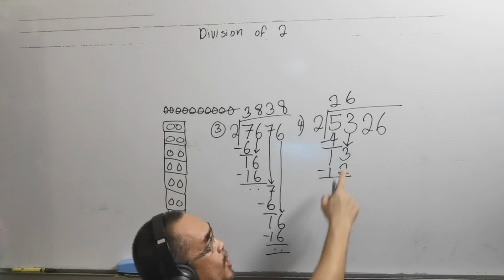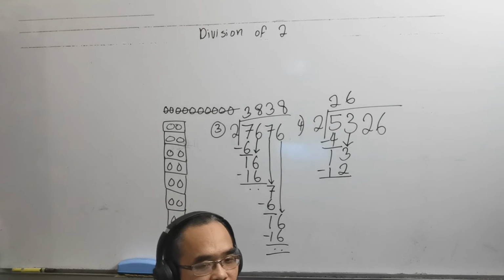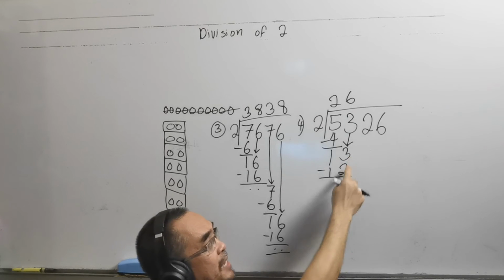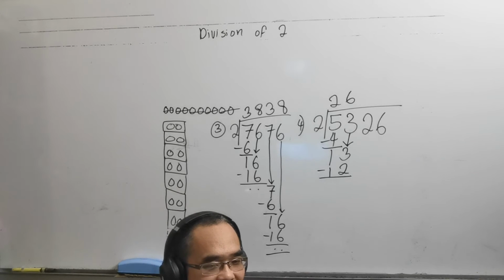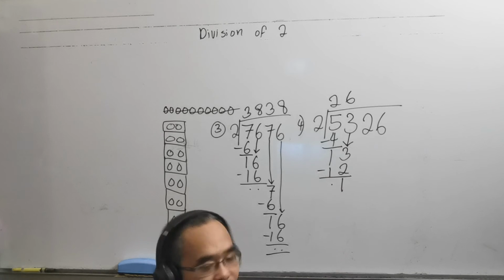Not yet, not yet. You have to subtract first. 3 minus 2? 1. So 1 minus 1 is dot.